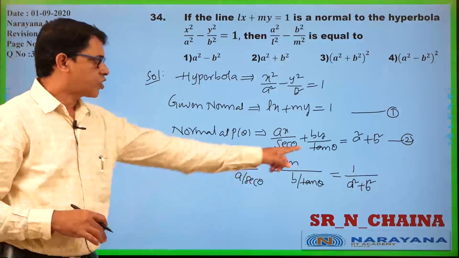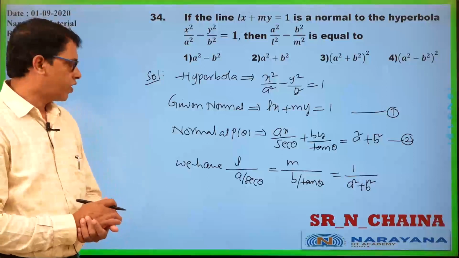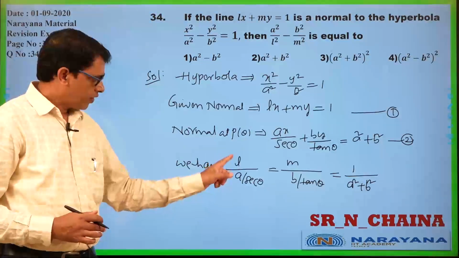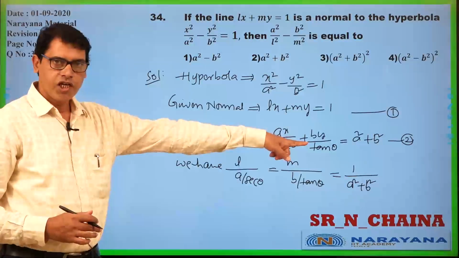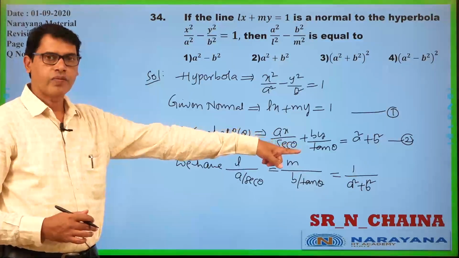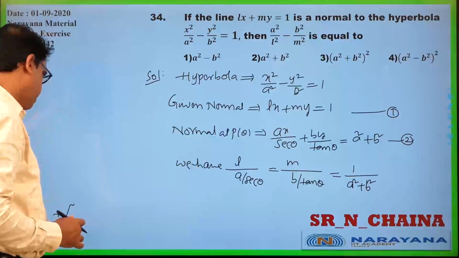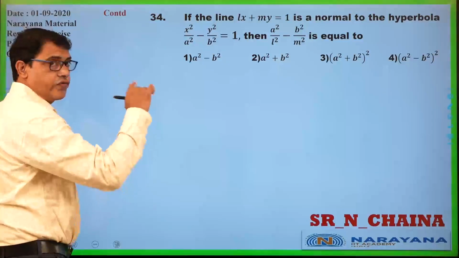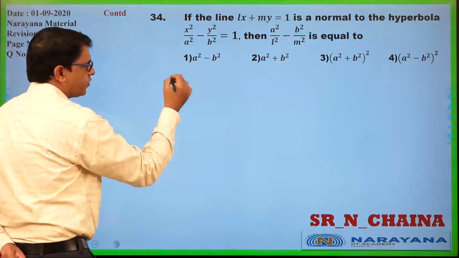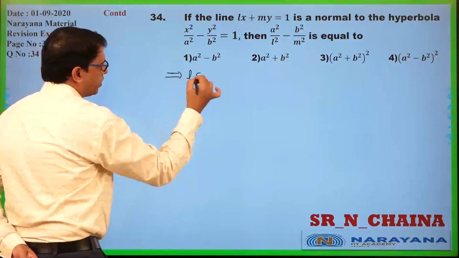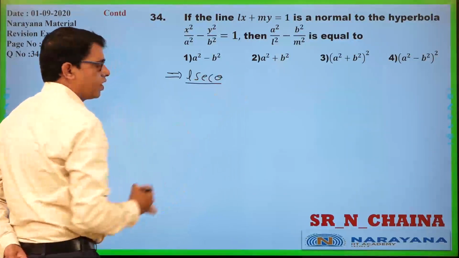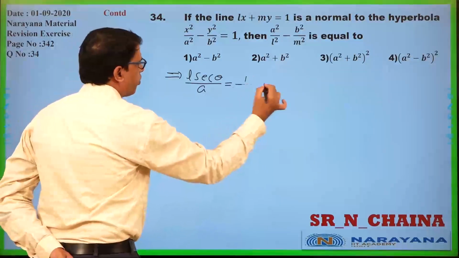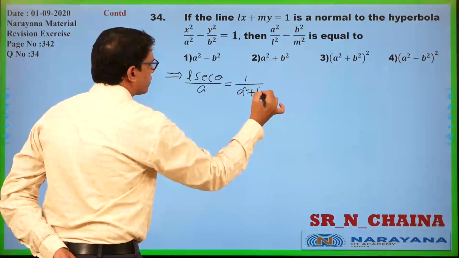Now, equate the first one and the third one. So, L secant theta upon A equals 1 upon a square plus b square.